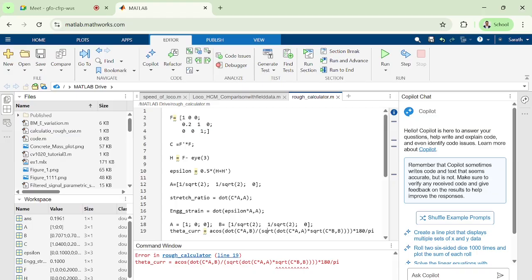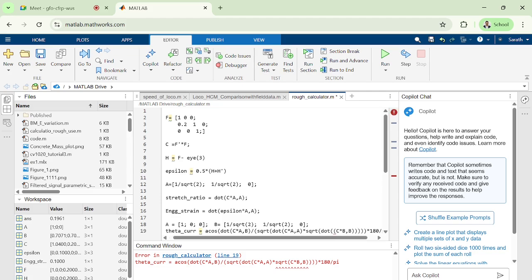Let's see what it is. Okay, here I forgot to give the dot, right? The square root of one dot will come. One more bracket should come.